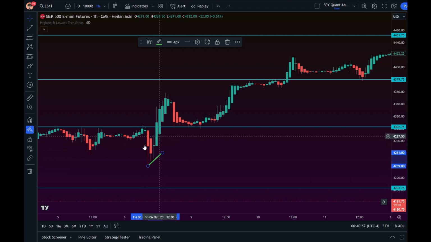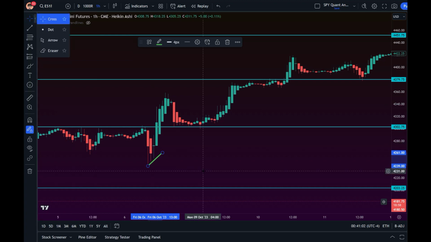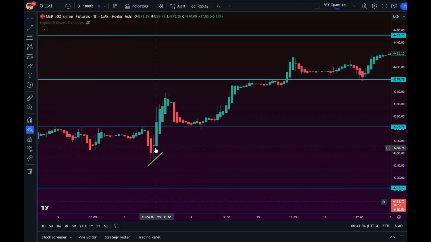So it's very possible that this could be a failed pattern and we come down. What we can do is wait for the next candle on the same time frame to confirm this bullish pattern. So you see this candle actually solidified a potentially new uptrend starting. So we can wait for that candle.